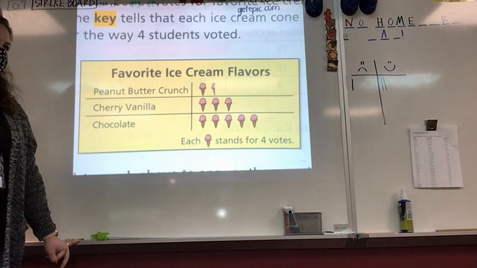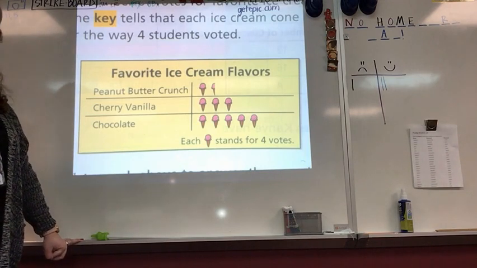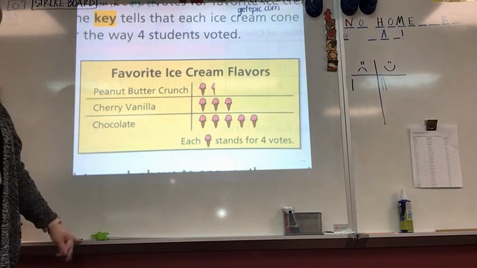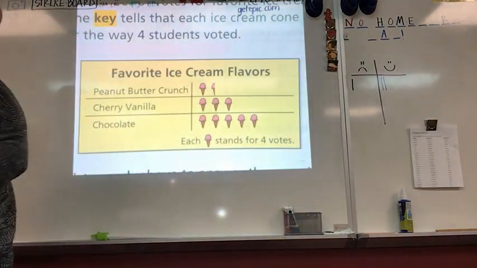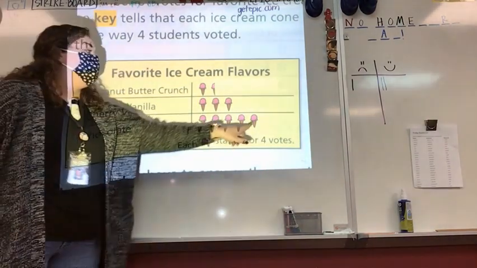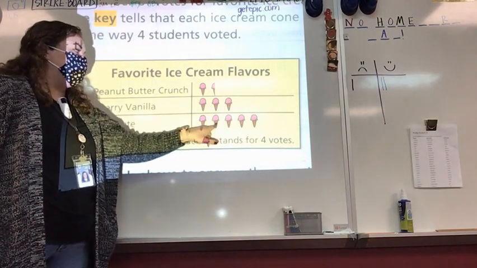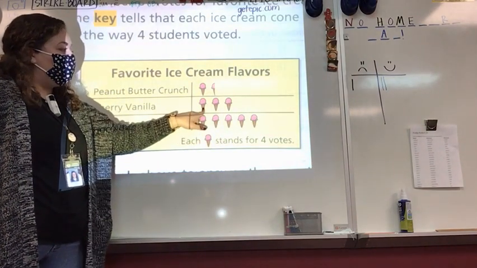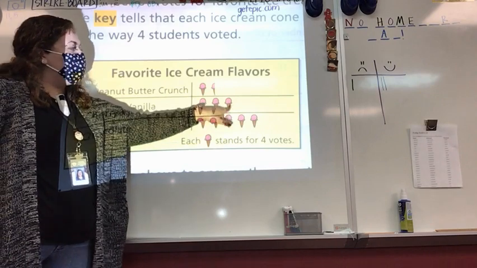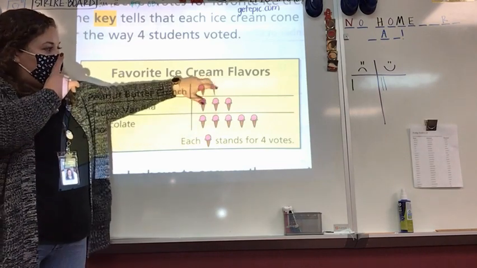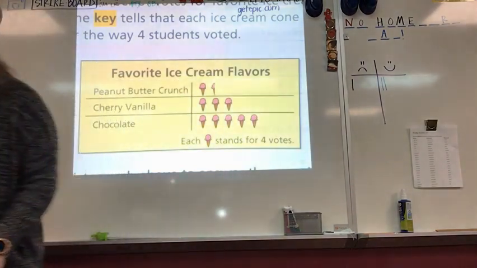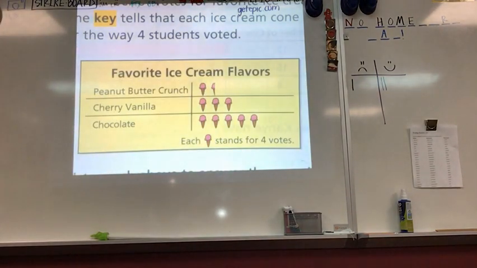Which number did you multiply? I only multiplied by 6. Oops. So we just have to remember, we're always going to check our key to figure out what we are counting by. Or you could do 4, 8, 12, 16, 20, 24, 28, 32, 36. Kind of a tricky one, right?